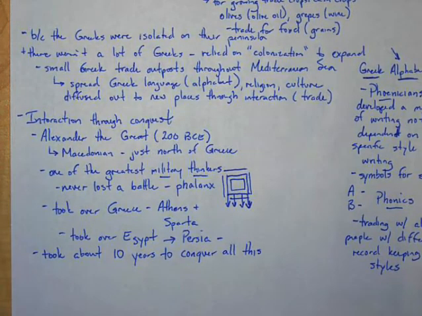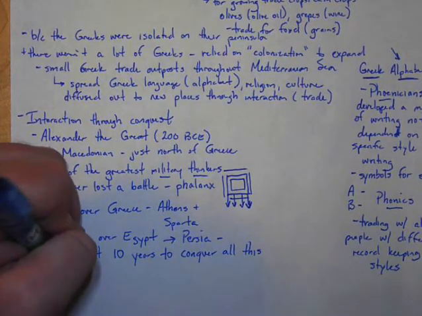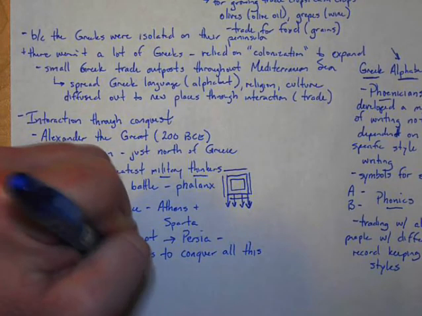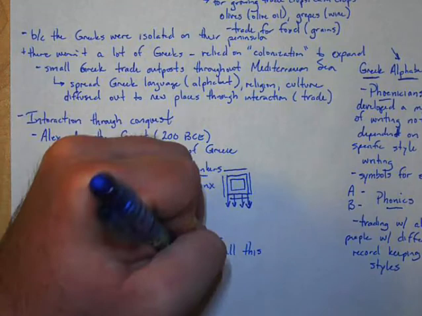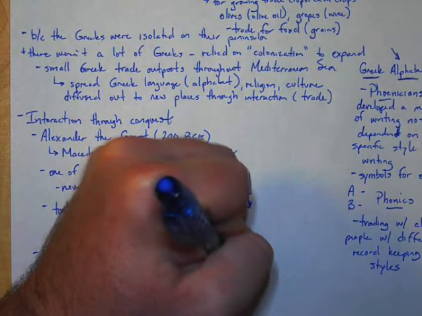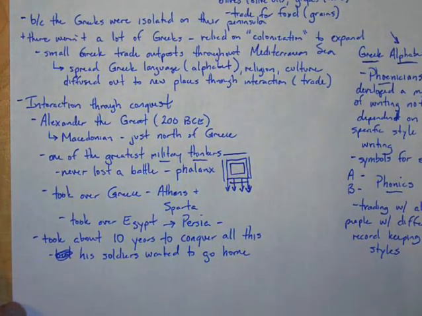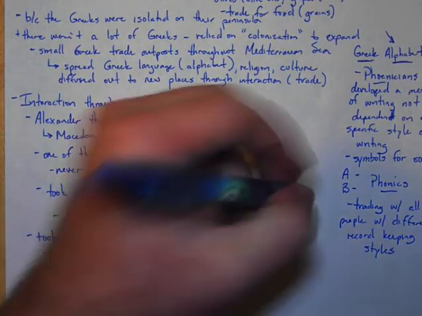And Alexander wanted to keep going. Alexander wanted to keep conquering. His soldiers wanted to go home, though. They probably could have kept going when they got to India, but Alexander's soldiers wanted to go home, and so they did.